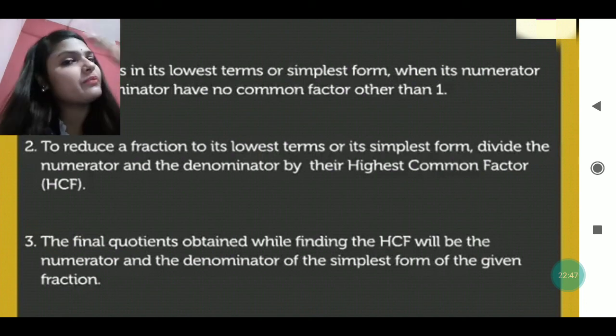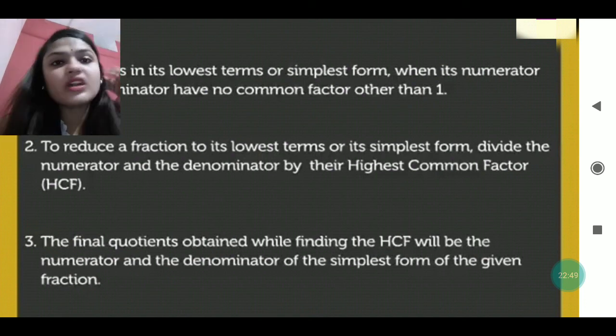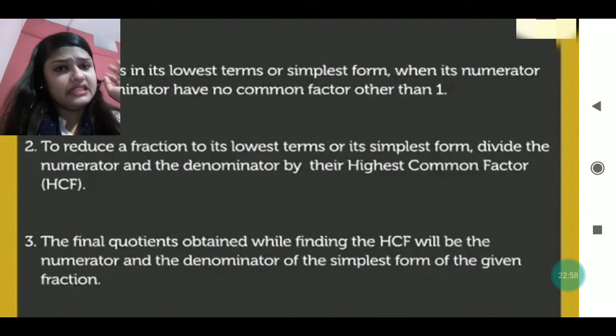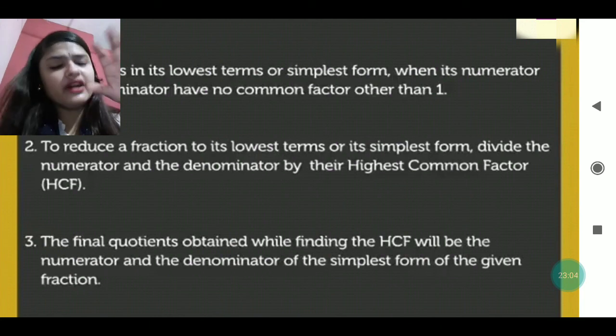Whatever fraction is given, when you divide it by its highest common factor, you have got the simplest, reduced, lowest form of that particular fraction.